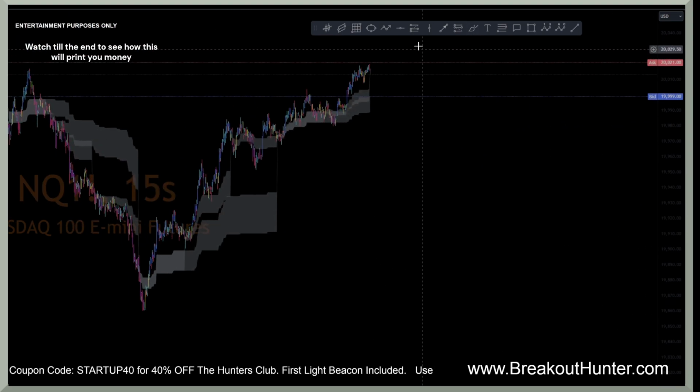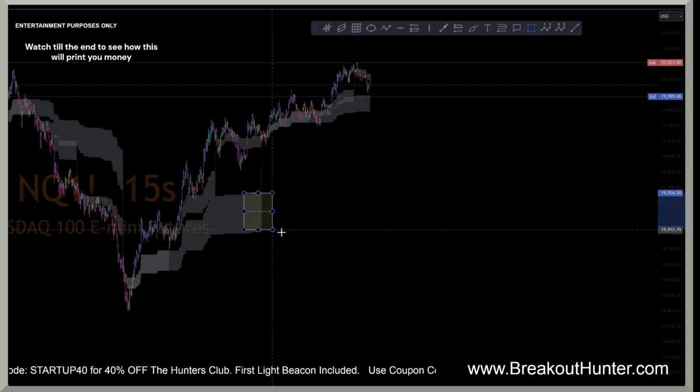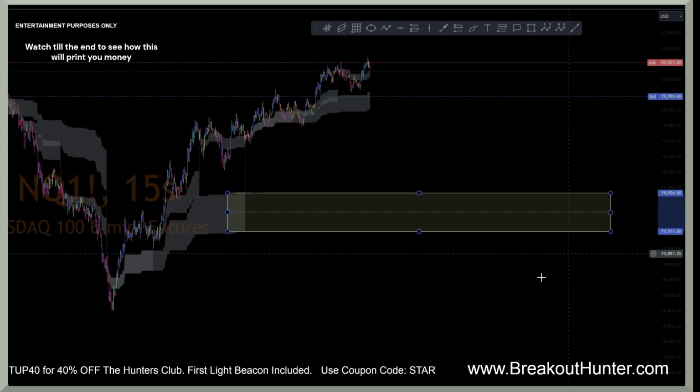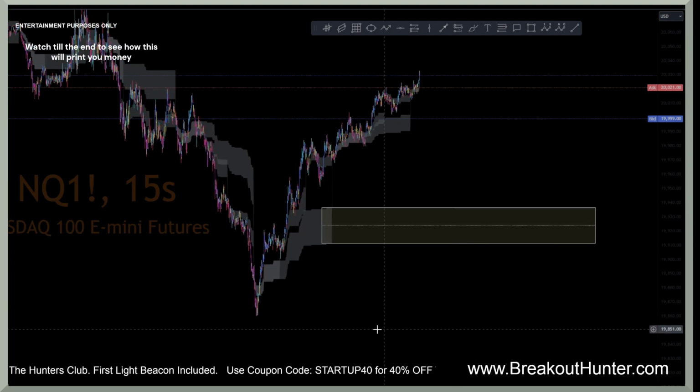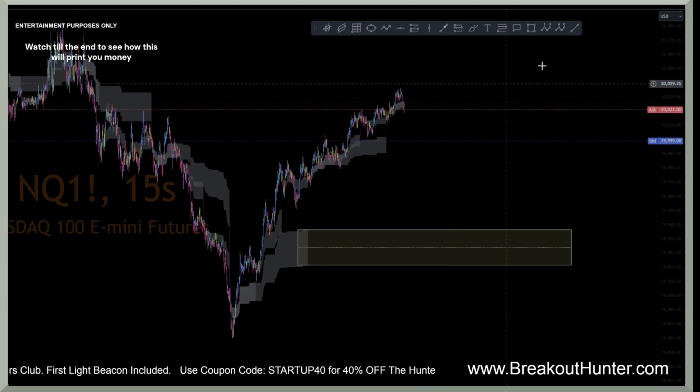Okay, now our pullback. So if you want to be a pullback trader, look at this right here. Watch this. Watch what price is going to do. Or it might be this one.